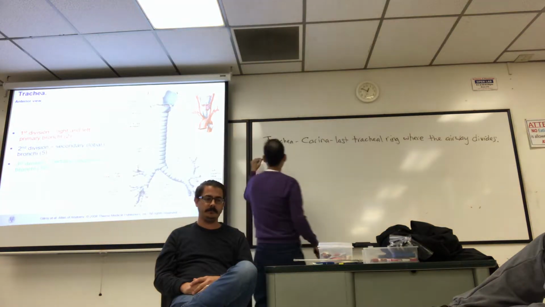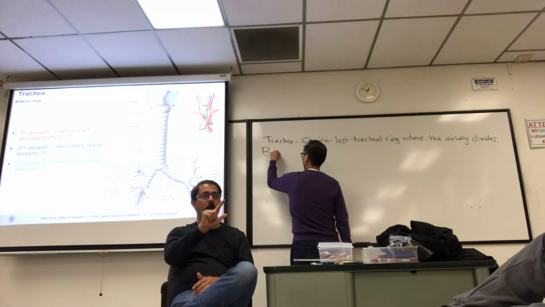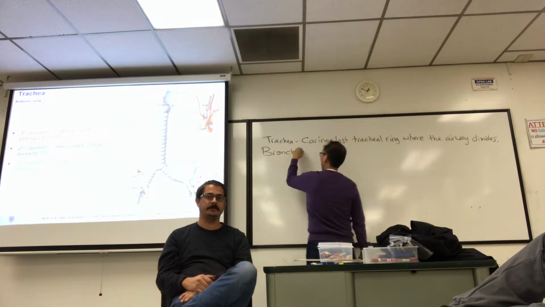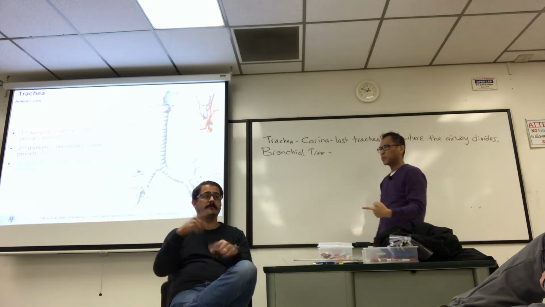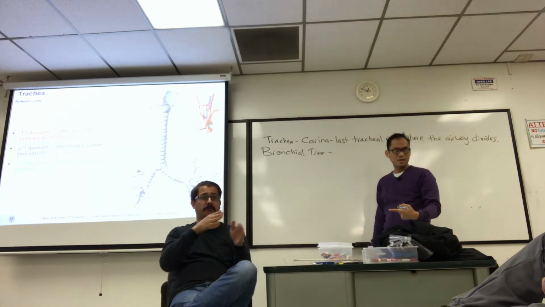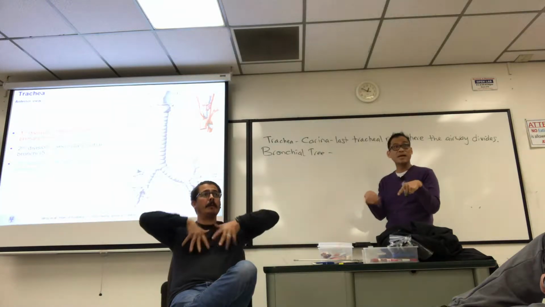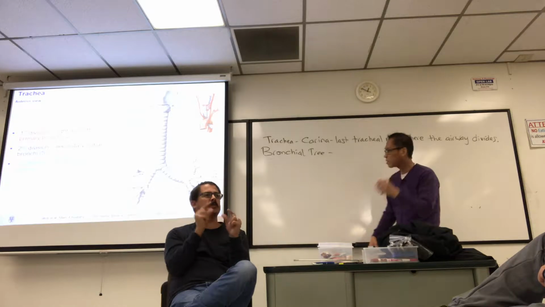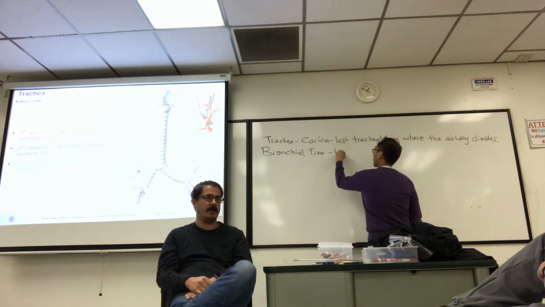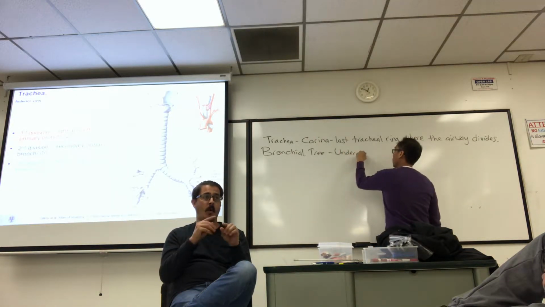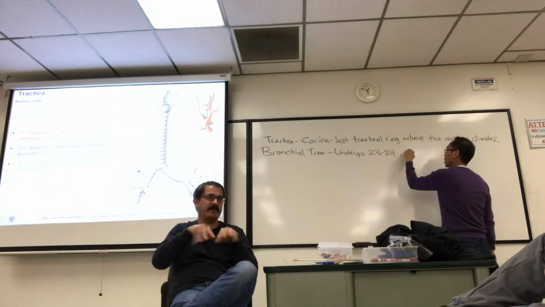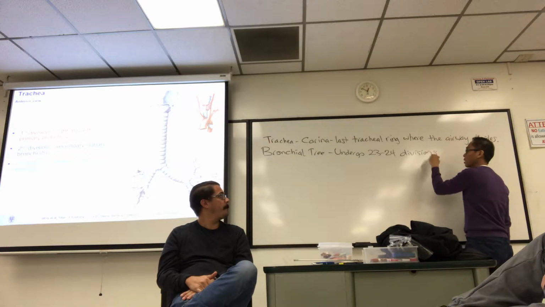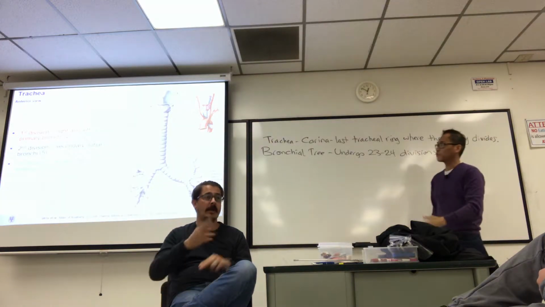So the bronchial tree undergoes 23, 24 orders of division. Every time you divide, the airways get more numerous, but they get smaller. We're going to proliferate the airways.